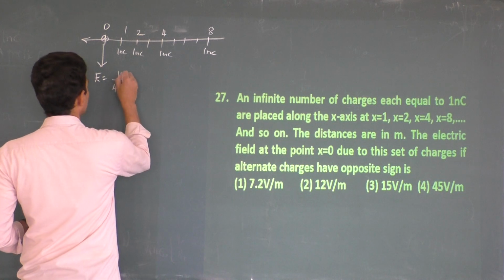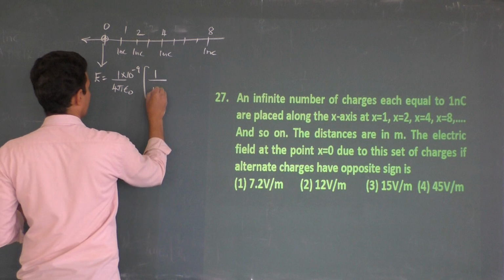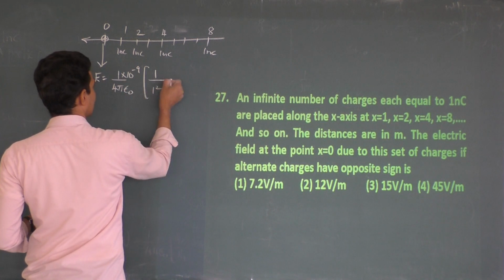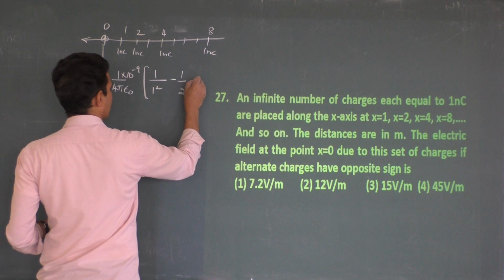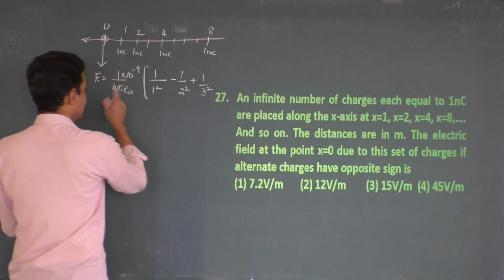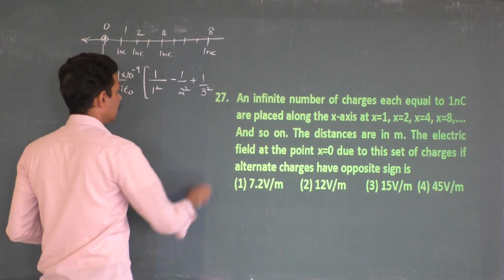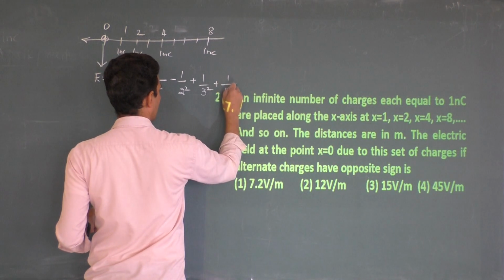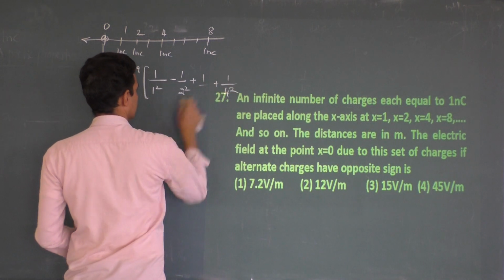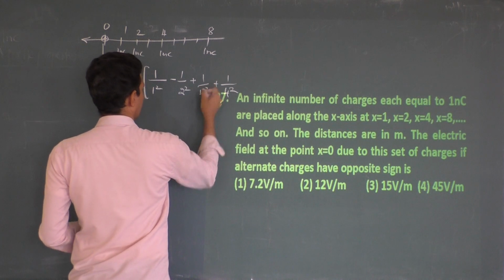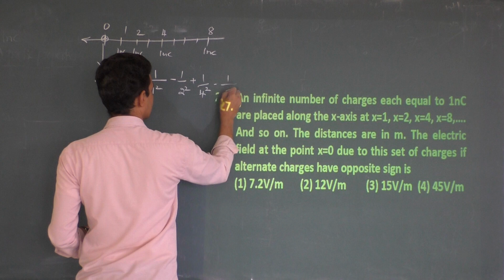Q, 1 into 10 to the power minus 9, common, by R squared: 1 square, and the second charge is negative, 1 by 2 square, and plus 1 by 3 square, because electric field formula is 1 by 4 pi epsilon naught Q by R square, and plus 1 by 4 square, and next one is even, it is negative, minus 8 square.